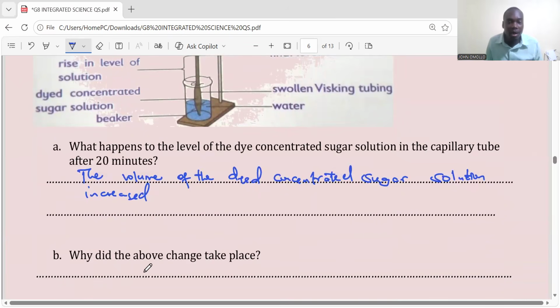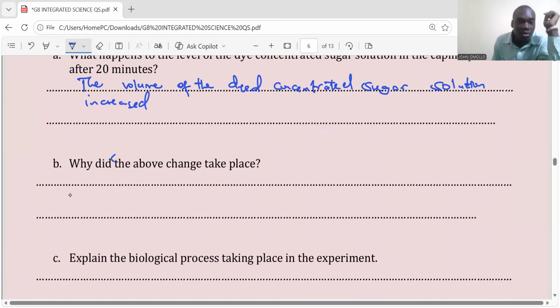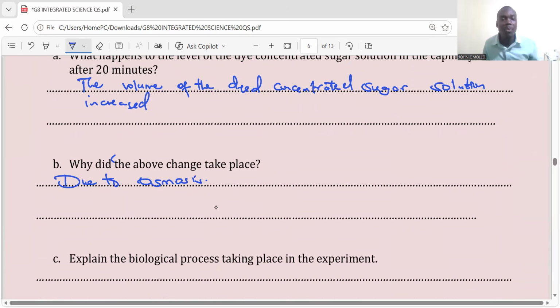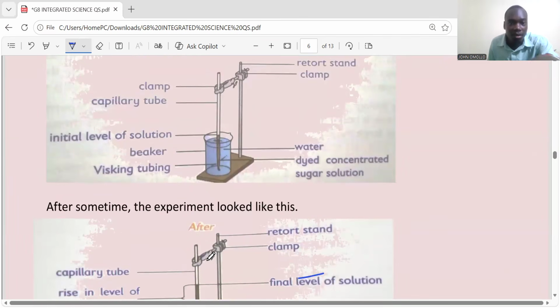Why did the above change take place? The above change took place due to osmosis. What happened here? You can easily see that the dyed concentrated sugar solution is within the visking tubing, or the capillary tube.